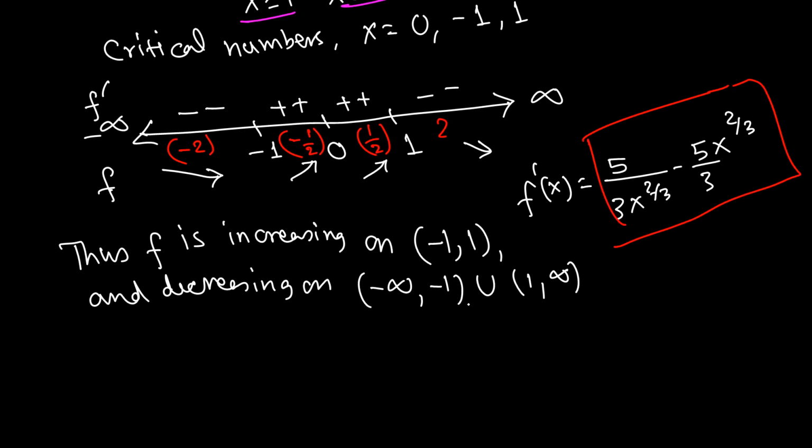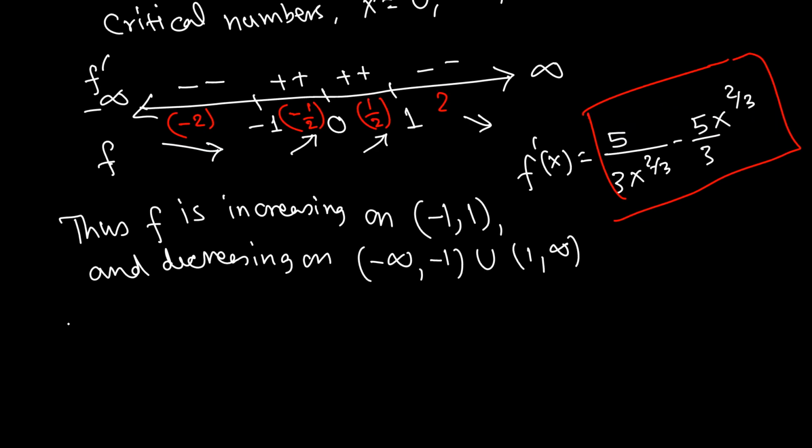Okay, and we want to find where the local maximum and minimum. So local maxima, that means look at here. At 1, what is happening? It's increasing before 1, and after 1 it's decreasing.